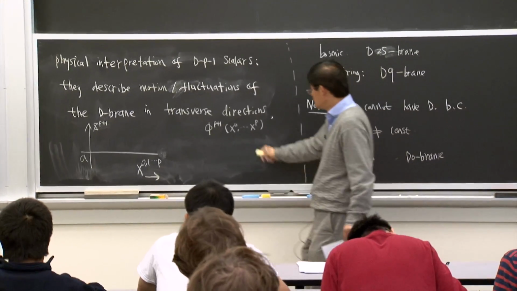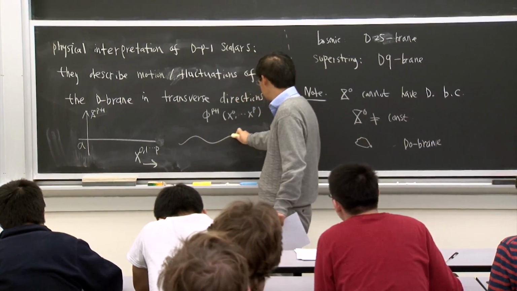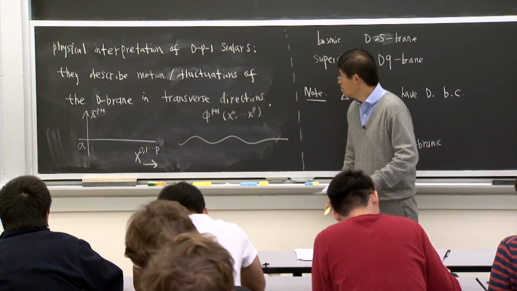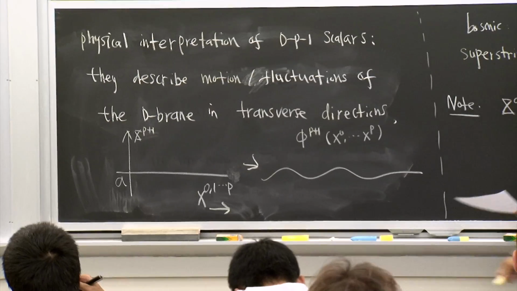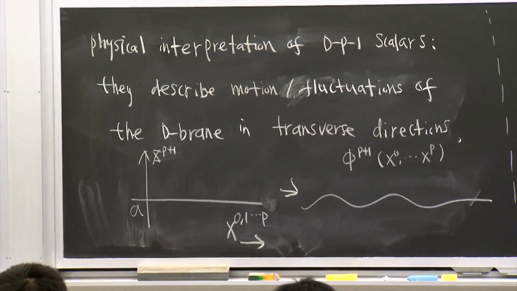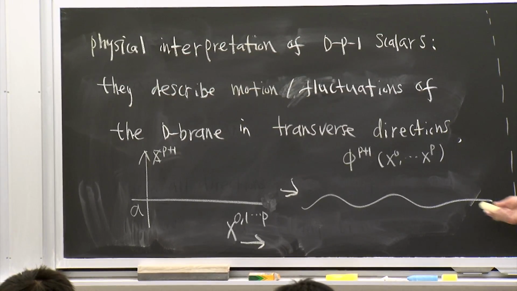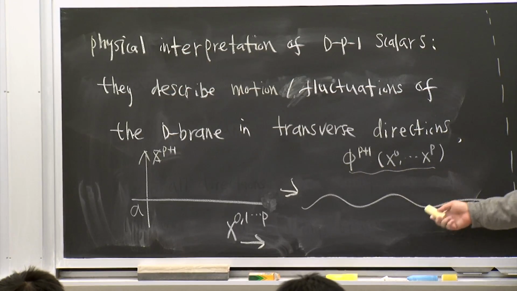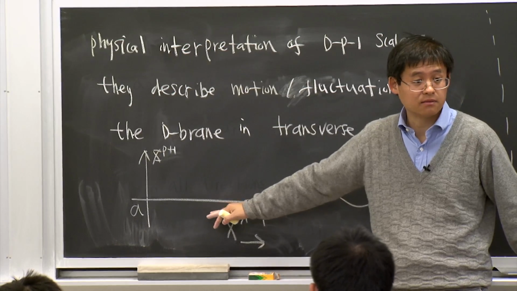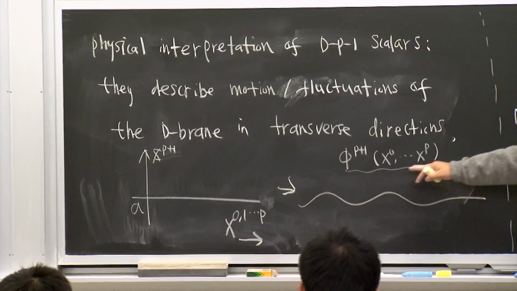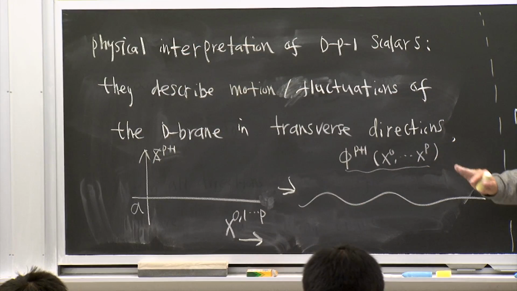And then the profile of this phi essentially tells you that if you have a scalar field excitation like this, then the shape of the D-brane is no longer strictly flat, but actually has a profile given by this scalar field. Okay?